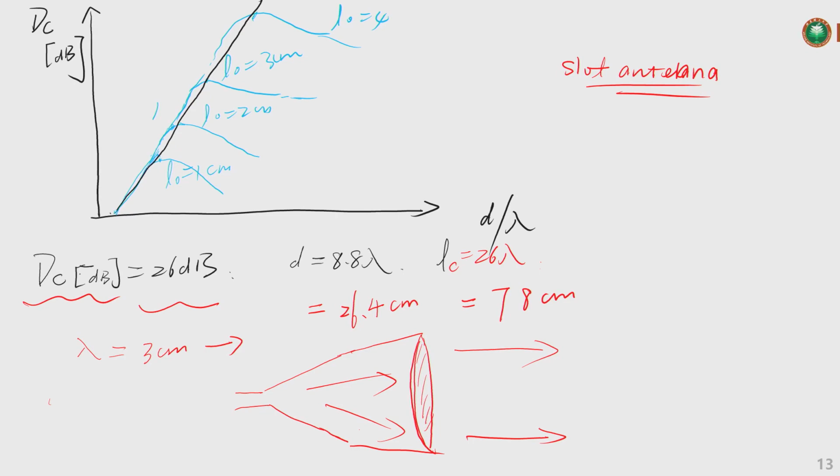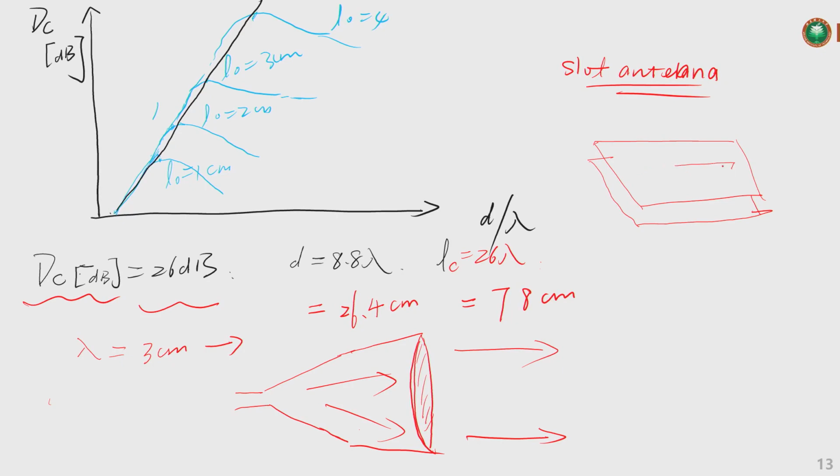So for slot antennas, the most common device is, for example, the leaky waveguide, a leaky waveguide with two parallel plates.